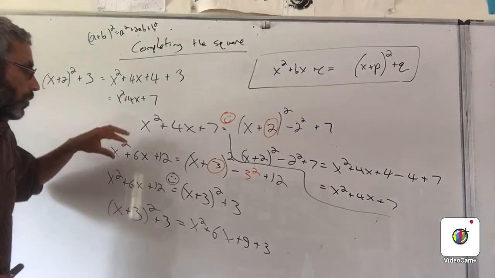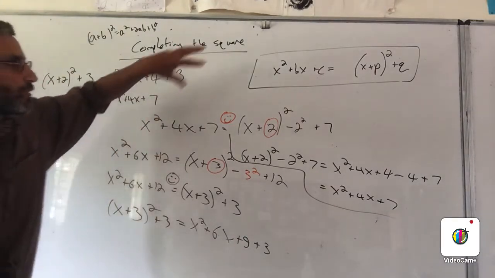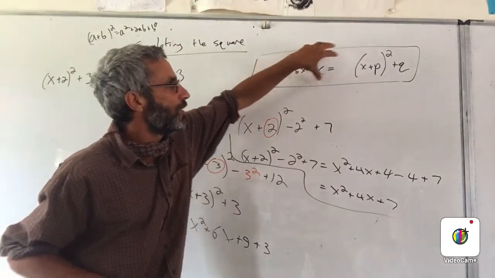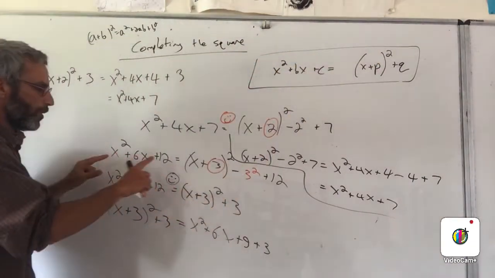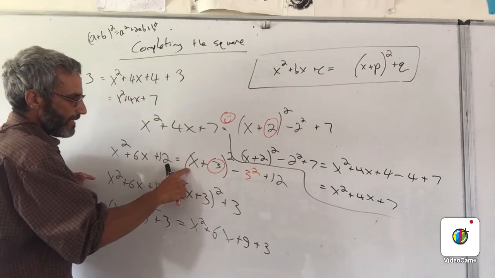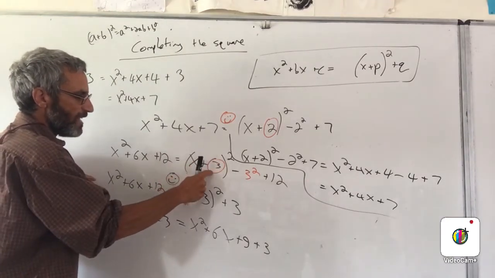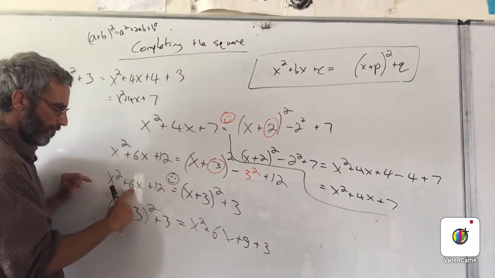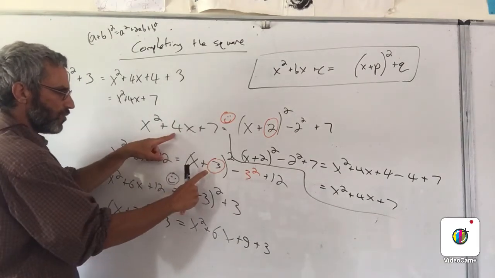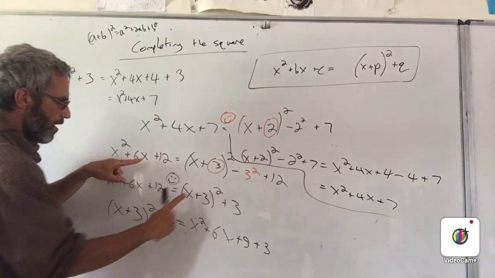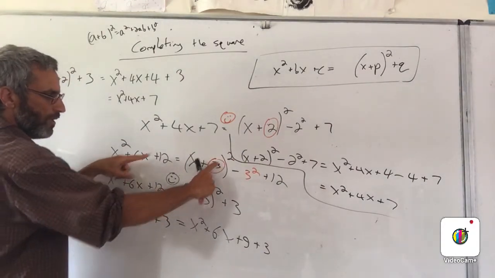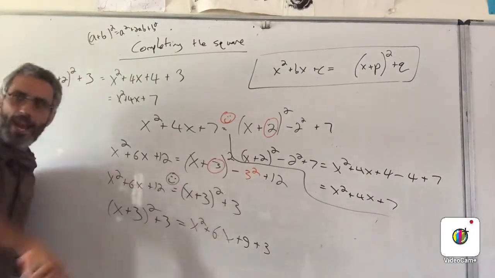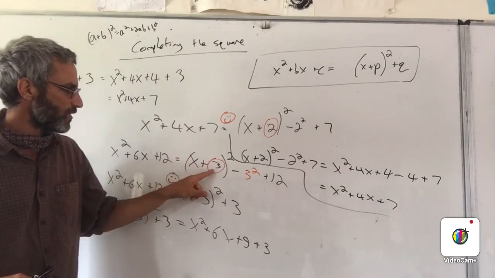Okay? So, if I want to complete the square, if I want to go from here to there, I'm going to write it as x plus a number. That number needs to be half of the middle term. Here half the middle term was 2. Here half of the middle term was 3. I square that. But then I must minus the square of this.